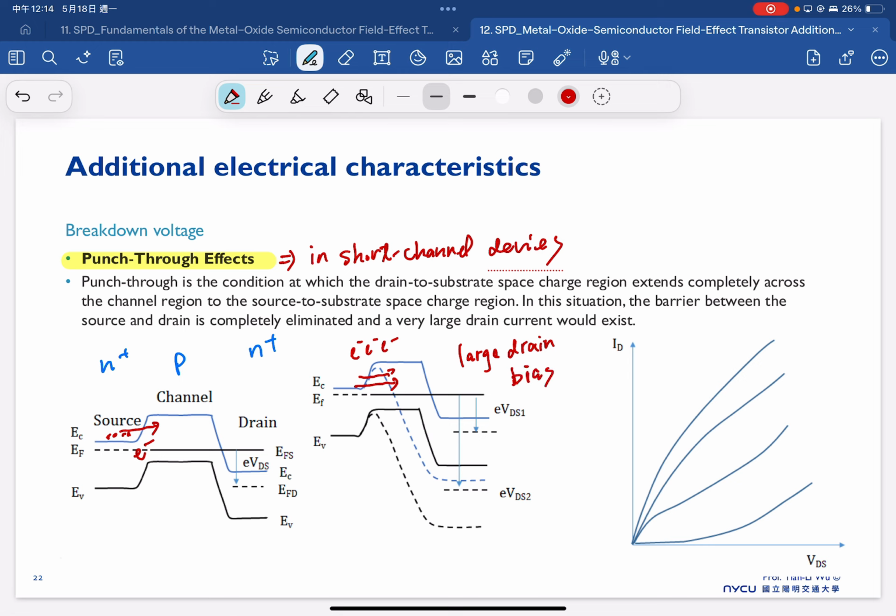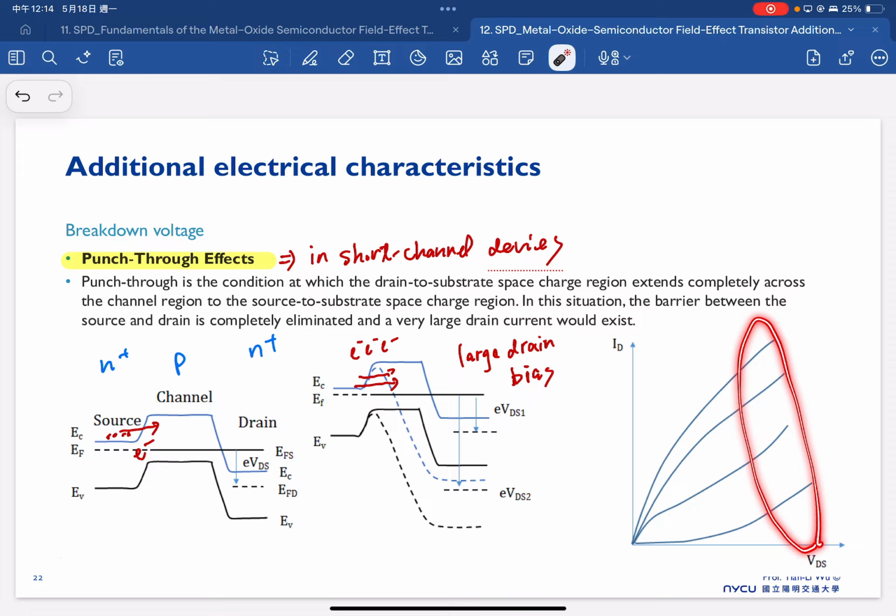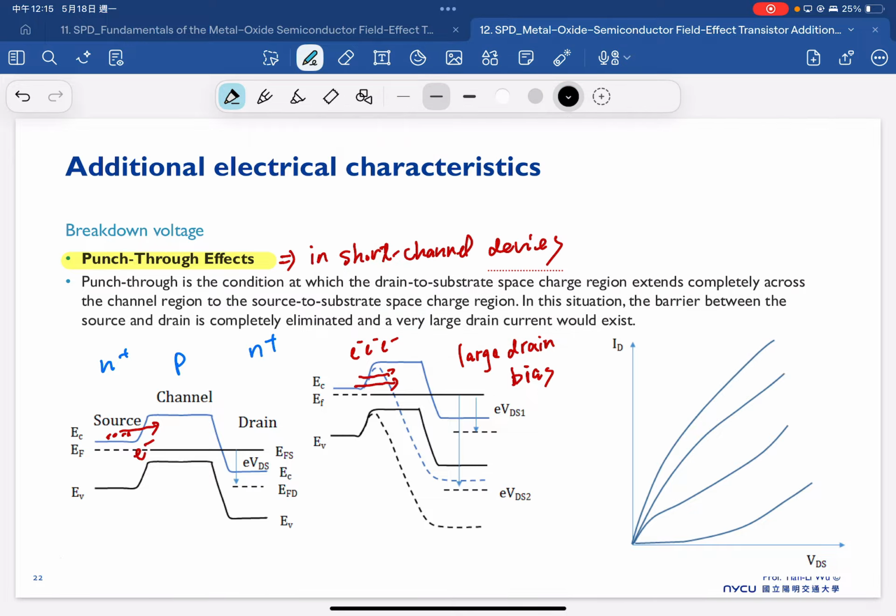Therefore, you will see this kind of typical ID-VD characteristic where we have a high leakage current. This is the case at VG at 0 volts. We will have a high leakage current, and also we won't see any saturation region.